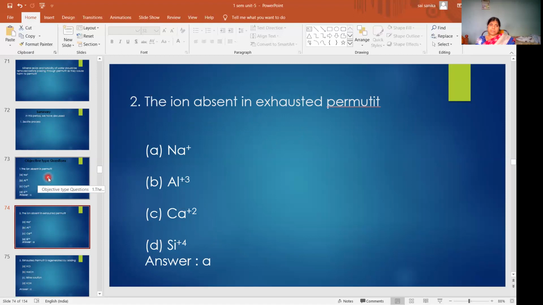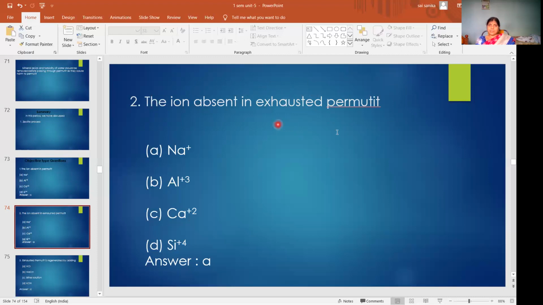The first question was the ion absent in permutit, and here it is the ion absent in exhausted permutit. Exhausted means totally used up, there are no ions left to give up. Which ions? That is sodium ion.